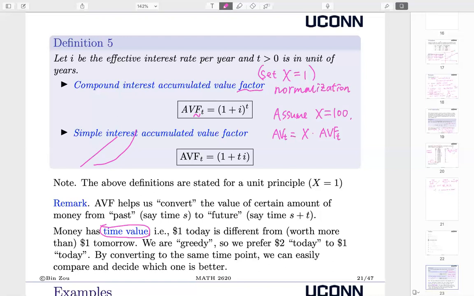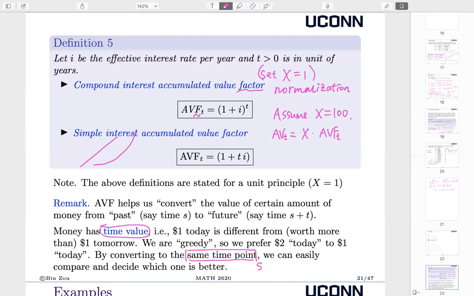I put here that we are greedy, so we would prefer $2 tomorrow to $1 today. So in order to compare later on which strategy is better or which strategy is the best among all, we would need to convert all the account values to the same time point here.